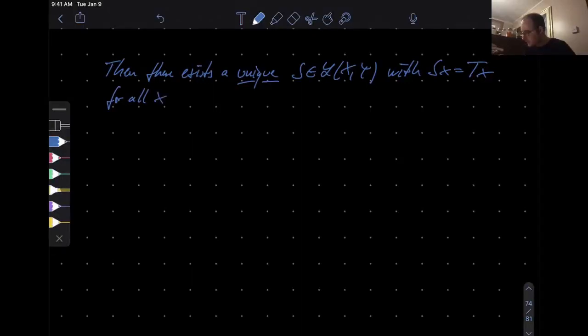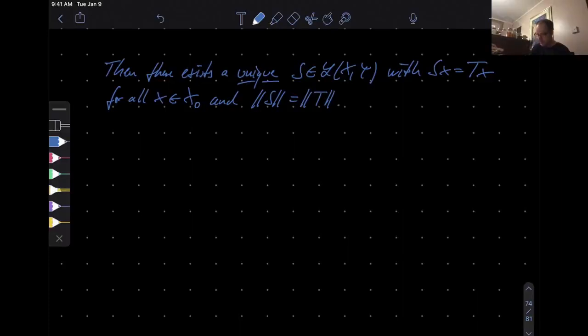So for all x in X naught, they match, and when you started with something bounded linear, then you can continue it to something bounded linear, and moreover the operator norms do not change at all in that continuation.